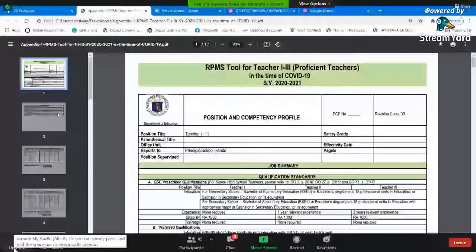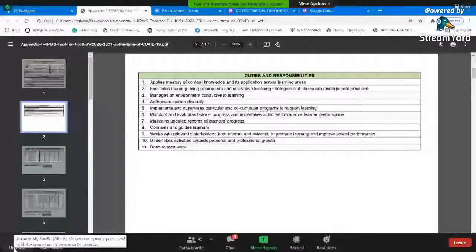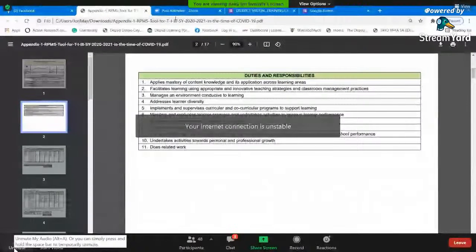Okay, these are the duties and the responsibilities of the teacher 1 to 3. So we have 11 duties. First, you have applies mastery of content knowledge and its application. So maybe you heard one of the PPST module discussed.